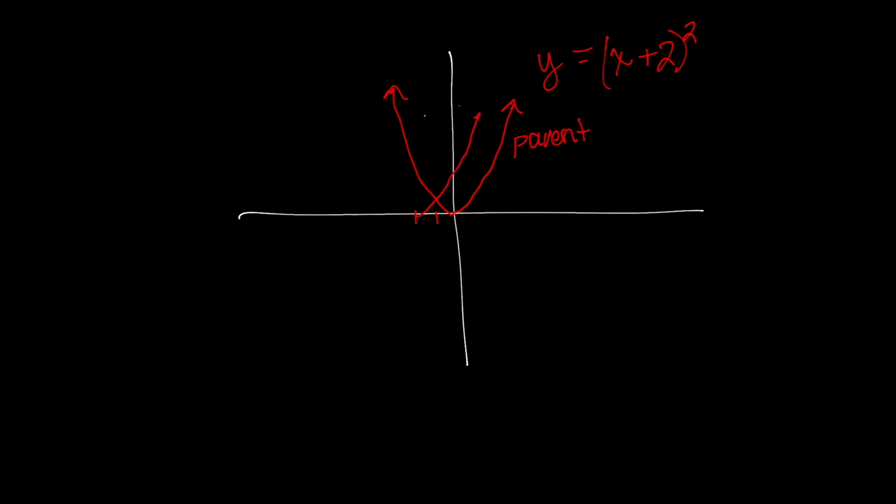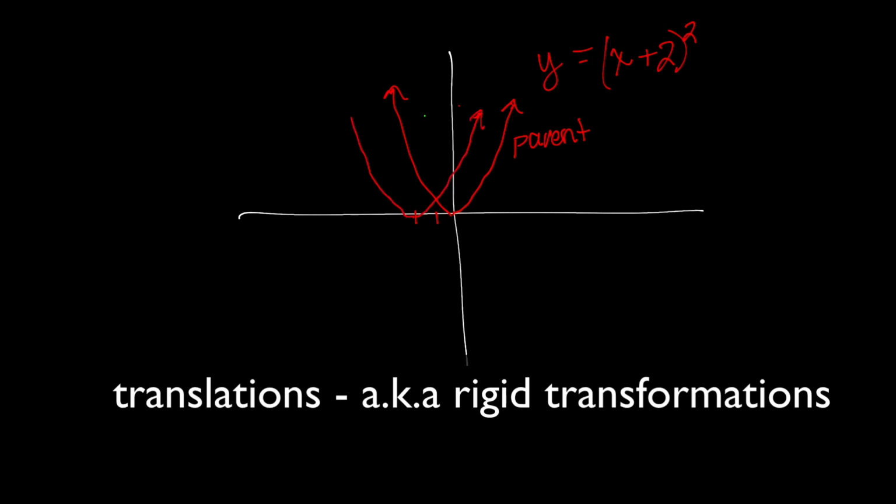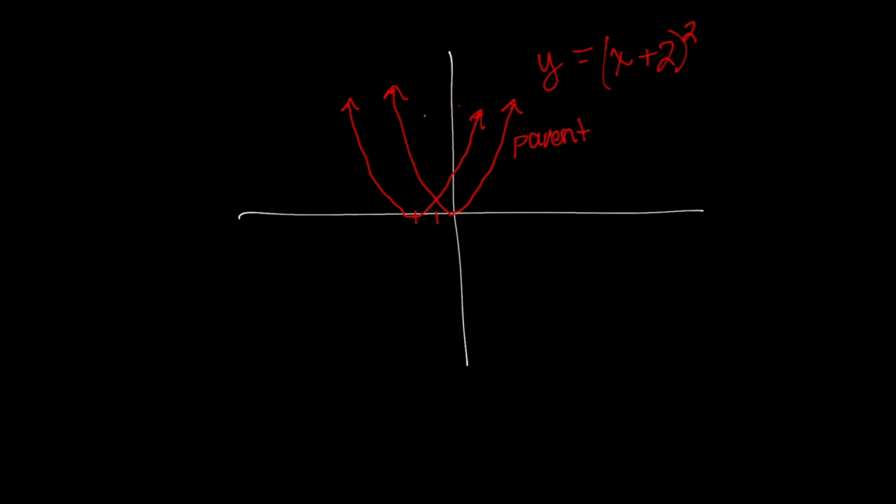So this is what we talked about with transformations. The shape of this curve has not changed whatsoever. We've just moved it over. But now we're going to multiply the inside by a number greater than 1, say 2.